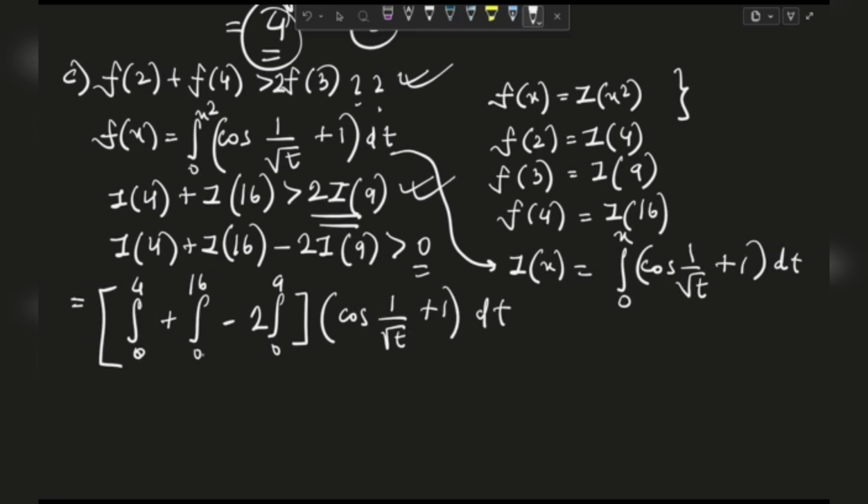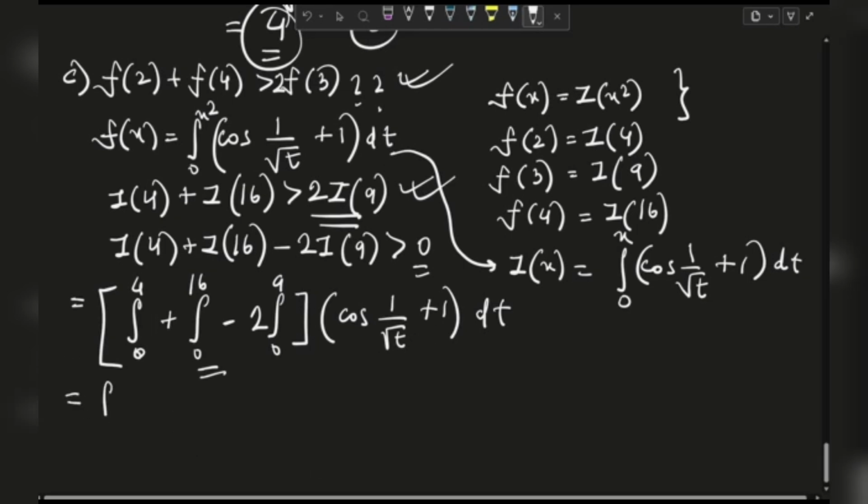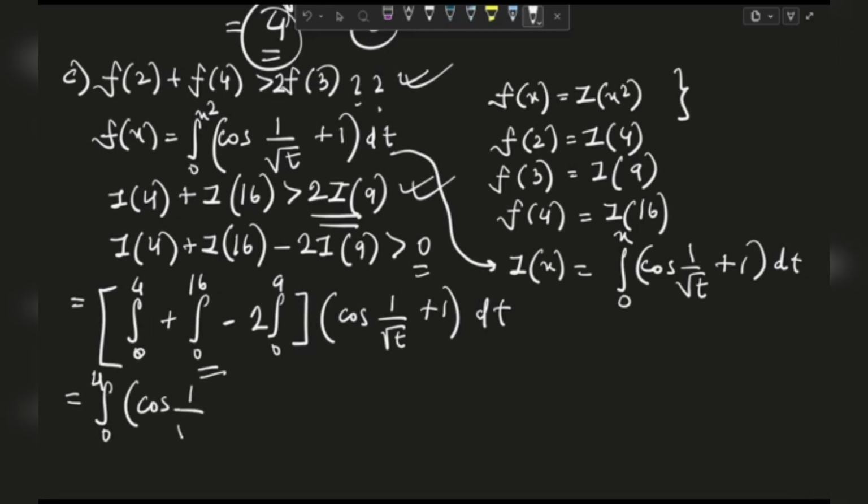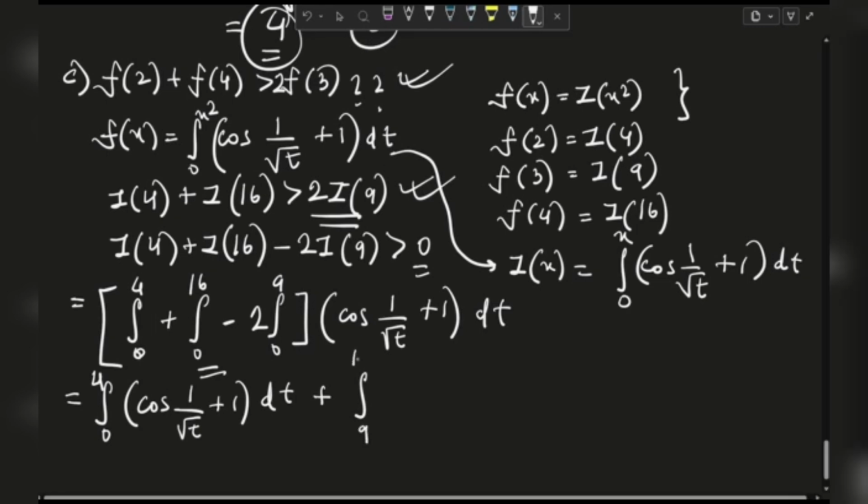Opening this and writing is very hectic, so I wrote this as a shortcut, please don't mind. Now let's group the intervals. Basically we can write this as integral 0 to 4 cosine 1 by root t plus 1 dt, and then we will write this as integral 9 to 16. I hope you understood why, right?